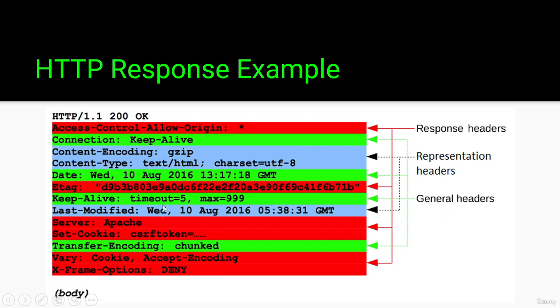And here we have the body, in case we are trying to download a file or whatever. By the way, you can see that the server is Apache, with a lot of options, a lot of headers, etc. Now this is just a simple example of how an HTTP request and response work.